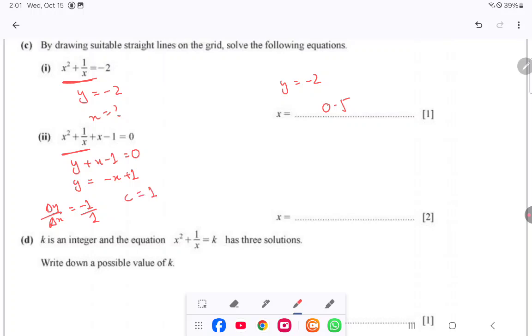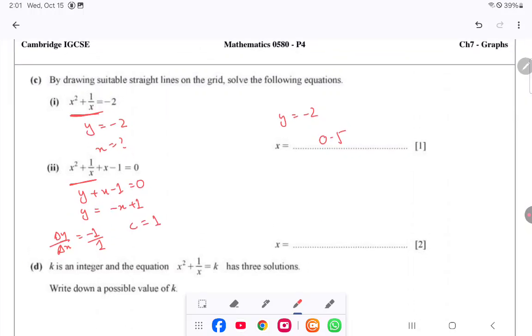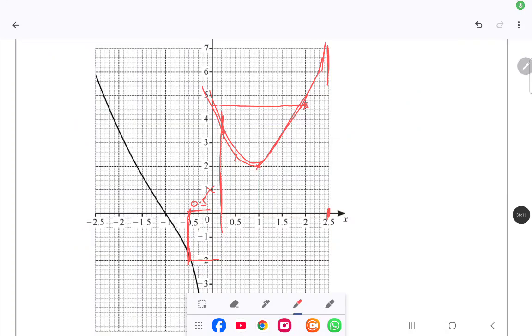Now we have to go to the graph. So what is our intercept? C is equals to 1 and change in y is equals to negative 1, change in x is equals to 1. So change in y is equals to negative 1 right here, and change in x is equals to 1. Second point will lie here, and if you make a straight line from here to here, sorry, we will move further.